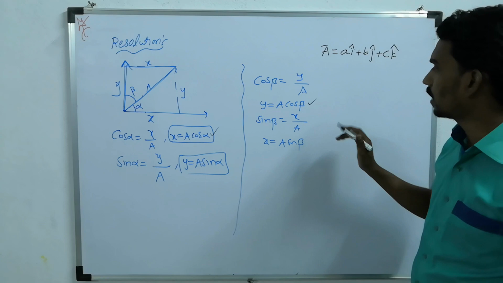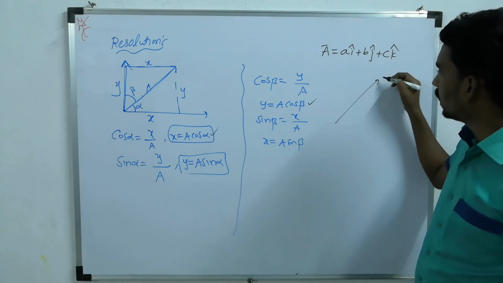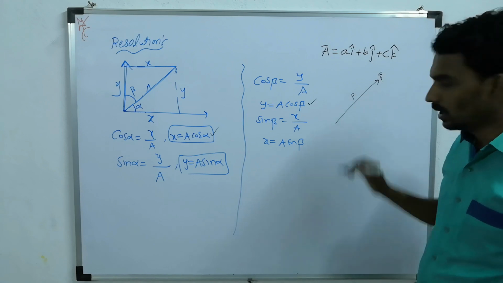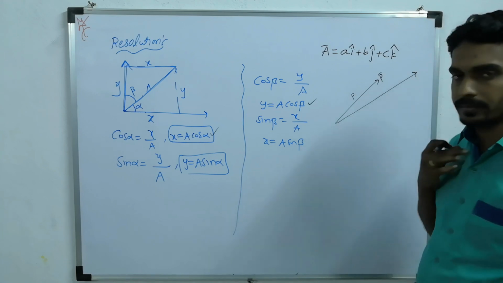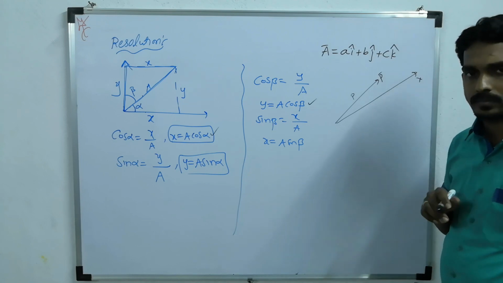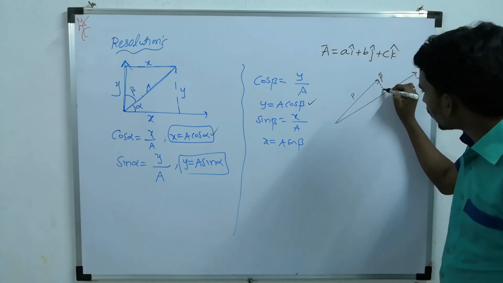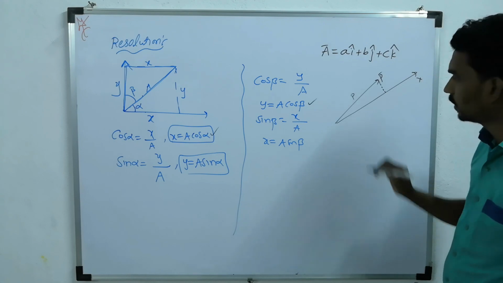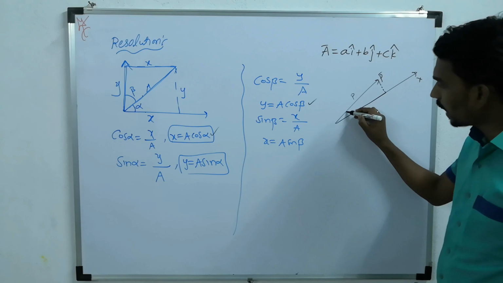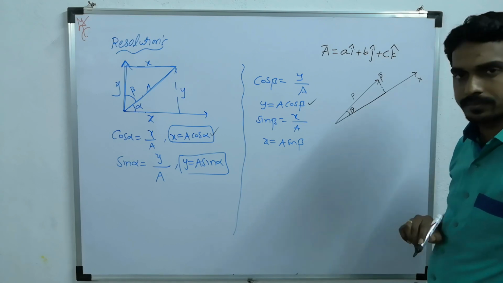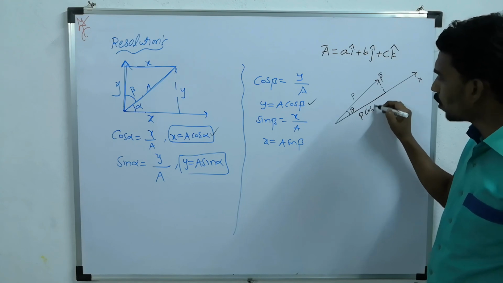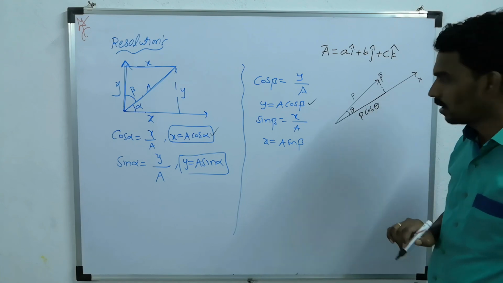For example, generally you consider this is one vector. Let's take P bar, magnitude is P. Now this is one random direction. Let's take it as x now. Then draw the perpendicular, then this is one component, and this angle they have given as theta. Then this component will become P cos theta.